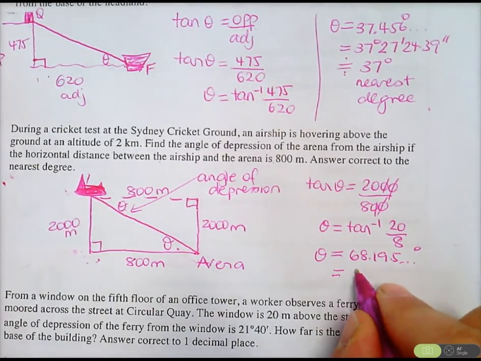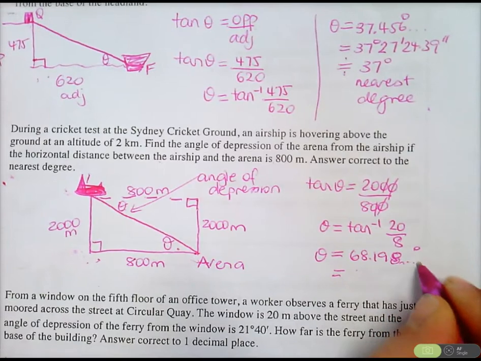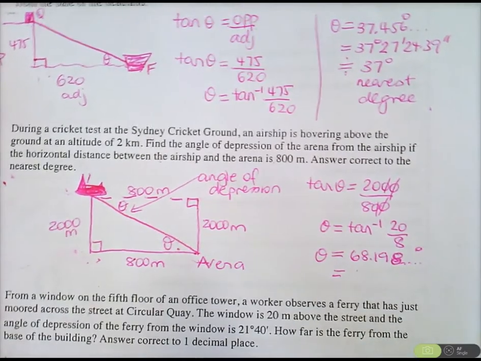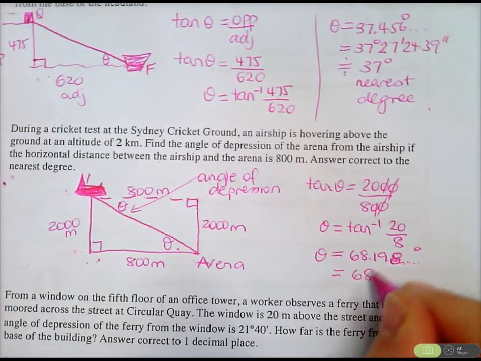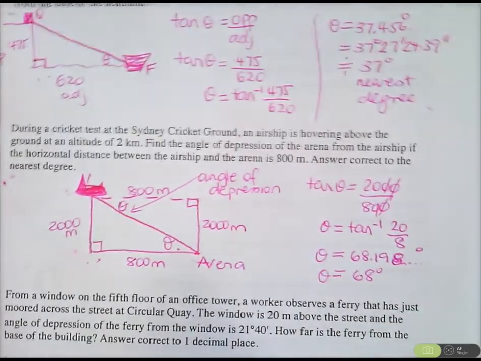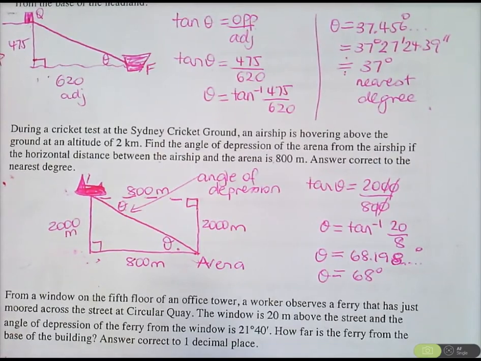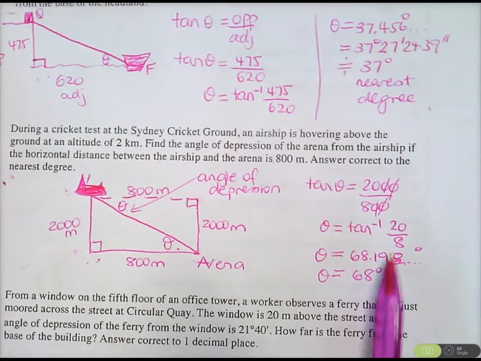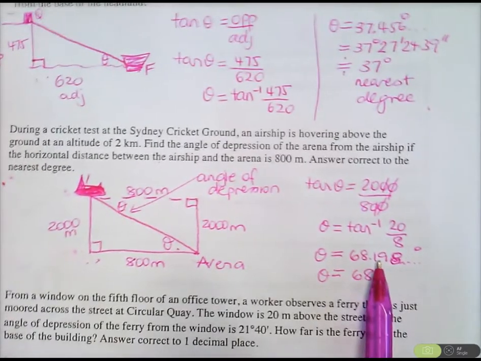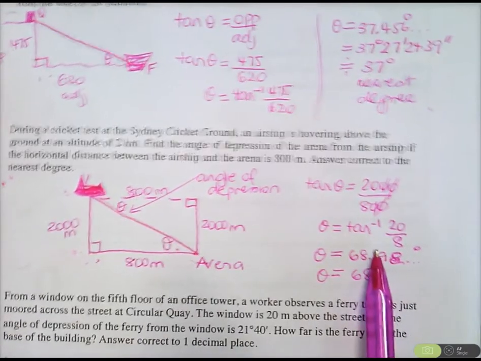It's 68.1. What is it to the nearest degree? 68. 68 degrees. Look, you can do DMS, but without changing it, that's just a decimal. And you just round it like you would normally round any number, where 0.5 is halfway.